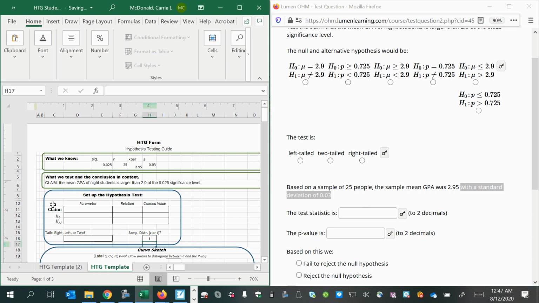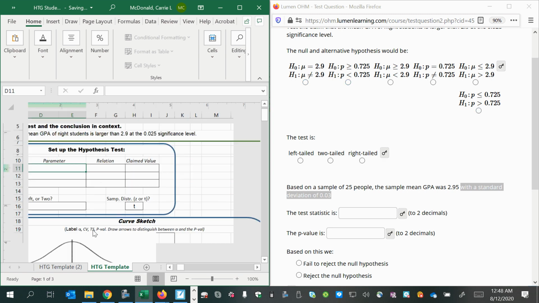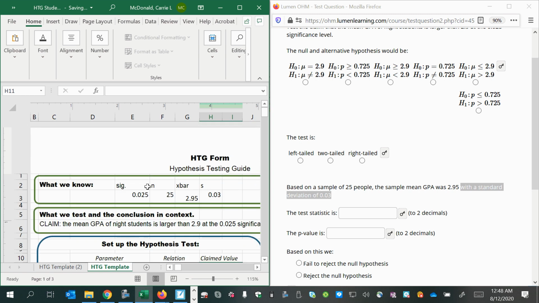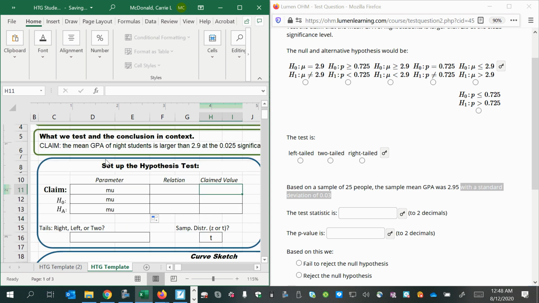And we need to figure out our hypotheses in order to know which one of these to pick. First of all, we are doing a claim about a mean, so the Greek letter mu would be our parameter symbol. The value in the claim was the population mean mu. The claim is that it's larger than 2.9, so we're going to go on the null assumption that it's equal to 2.9.